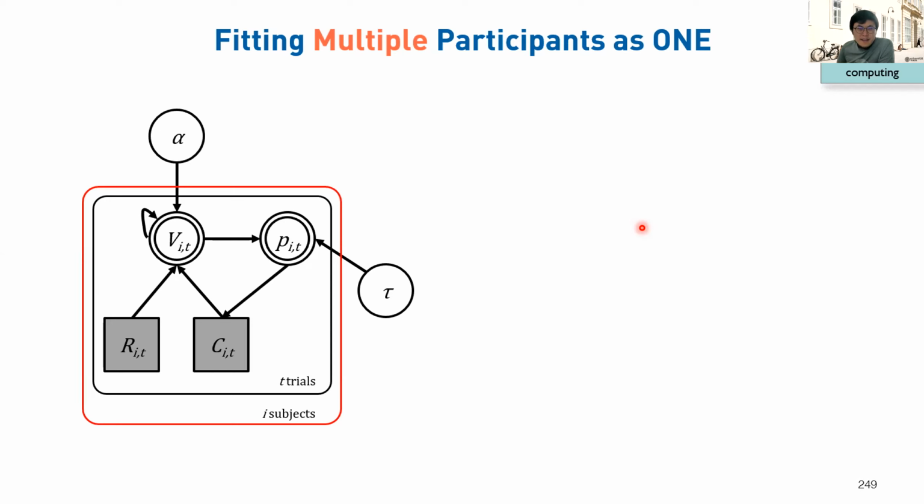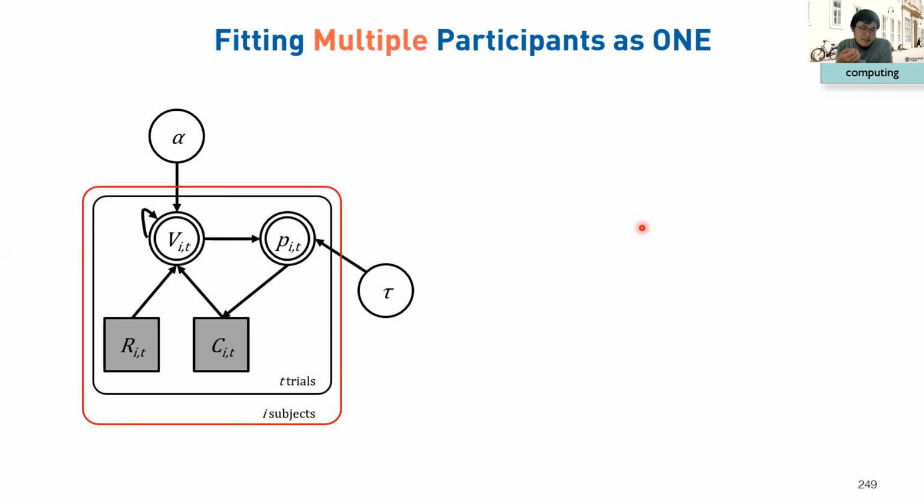The simplest approach is to treat all of the participants as if they are a single person. For example, if we recruit 10 participants to do the experiments and we fit them together, we fit the data as if this is the same person, he or she, coming to the lab 10 times.